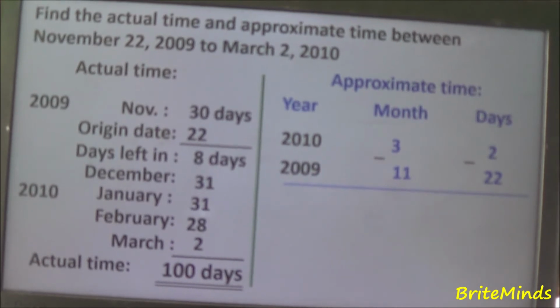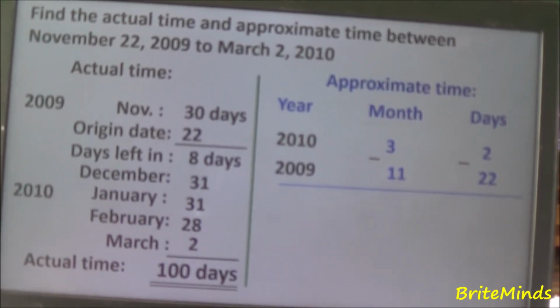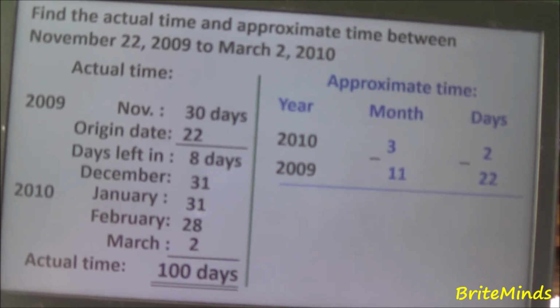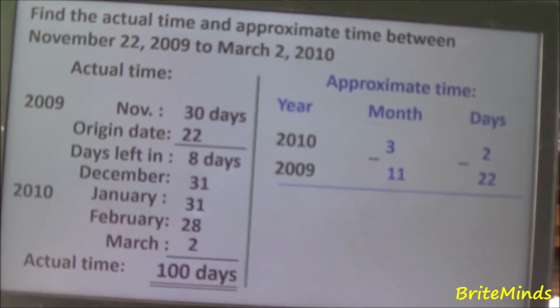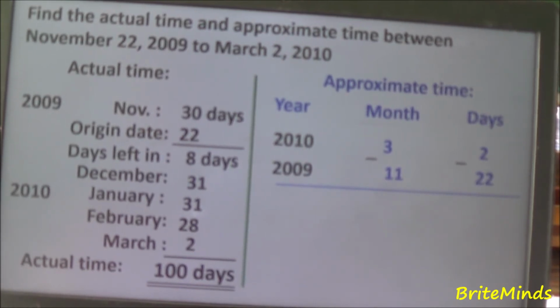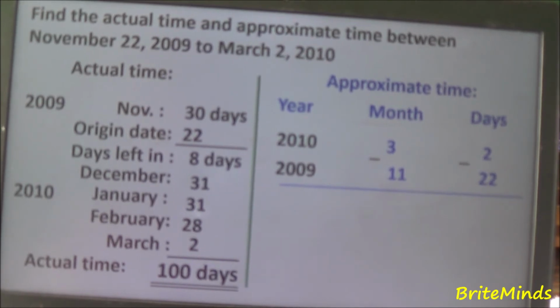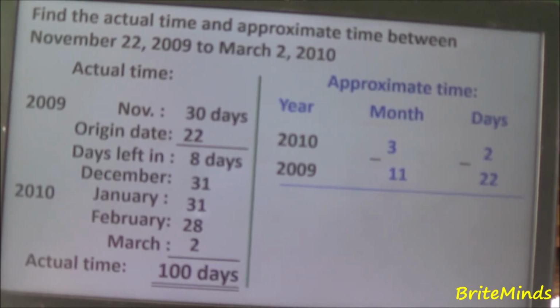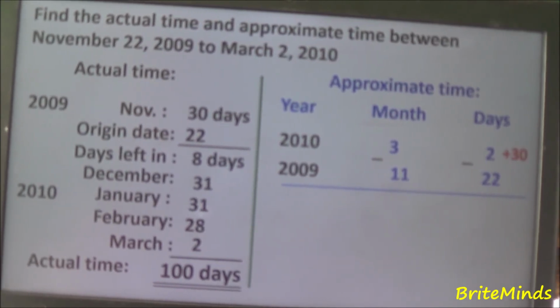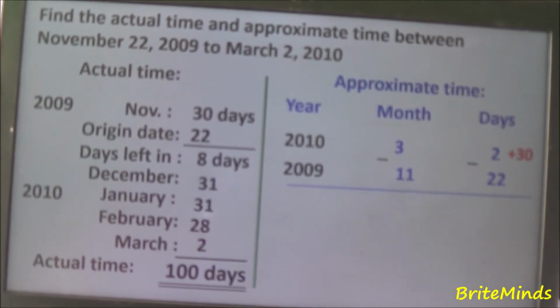So we start with the days first. Since we cannot subtract 22 from 2, we need to borrow 30 days from March and add it to the days. So 2 plus 30, so the days now is 32 days.